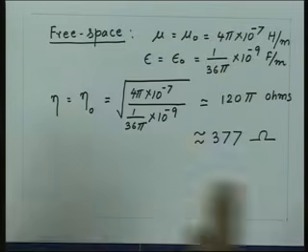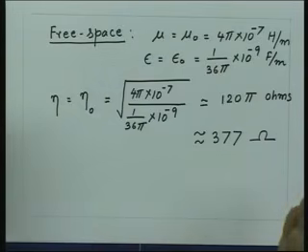That means, if I look at the vacuum, the free space, then the wave sees as if it is going into an impedance of 120 pi ohms or 377 ohms. So, a medium like vacuum or free space appears like an impedance when the wave travels in this medium.